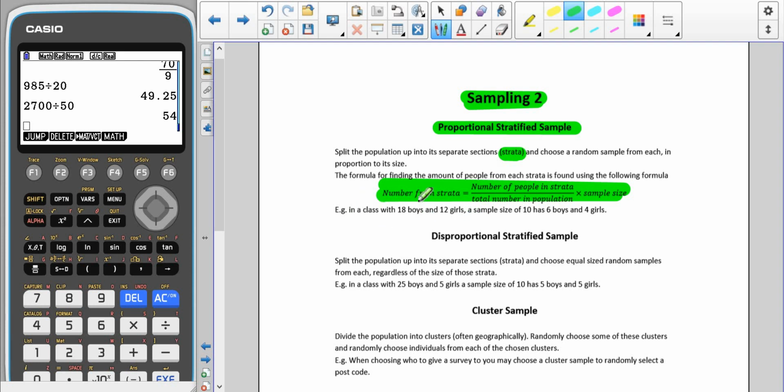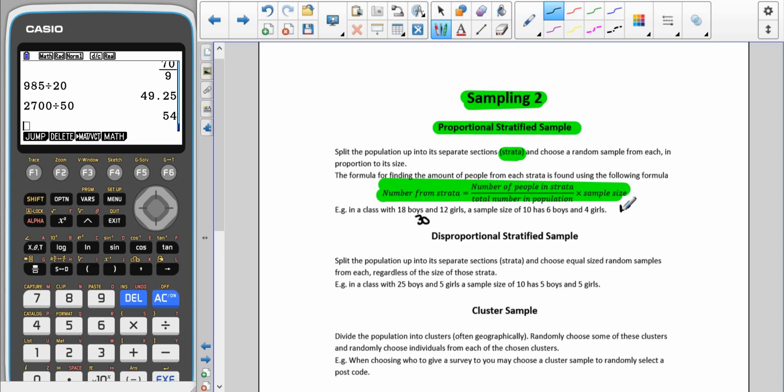So for example, if we had 18 boys and 12 girls and we wanted to take a sample of 10, we'd have 6 boys and 4 girls. So that's done by, in total, 18 boys and 12 girls, so we have a population of 30 in total.